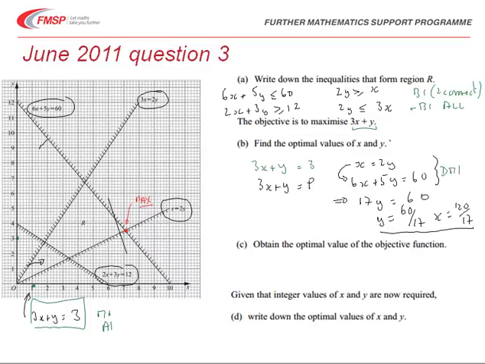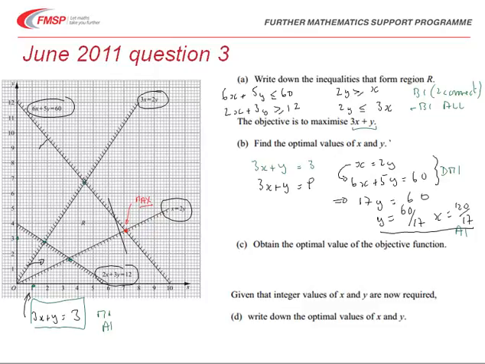As long as that line was clearly marked in, we get a DM1 mark for finding our maximum point by the solution to these two equations, and then finally an A mark for our solution for x and y. The alternative method would be to test each of these intersections. You would have to find each one and show the value at each of them, to show that the point we've found gave us the maximum value for the profit.